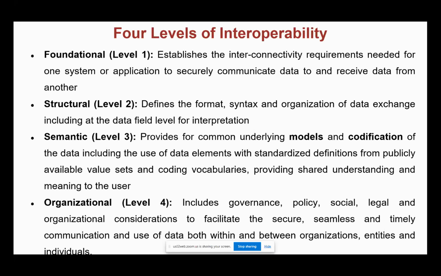But in a situation whereby 001 could mean Nairobi, Mombasa, wherever, then once that data is shared, it becomes ambiguous. You cannot say for sure that this one means Mombasa. And that's why we have to have a common understanding and a codification of this data that has the same meaning once it is shared across. So again, we have to comply and understand that, yes, when I see this, this is what it means. So the semantics of the data that is shared must be properly defined and properly governed.